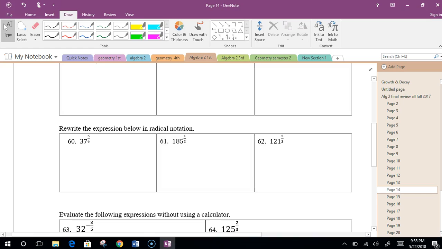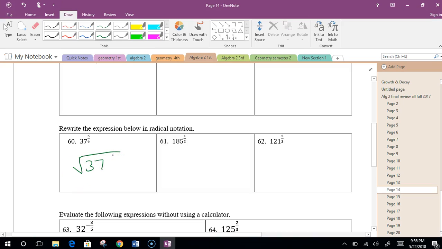Moving on to 60. Now they want us to go backwards, take it from exponent into radical notation. So again, 37 is my radicand.